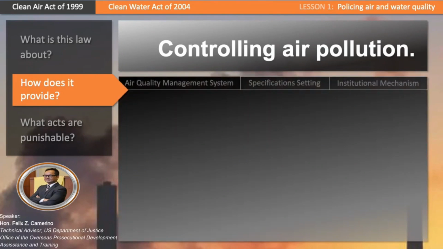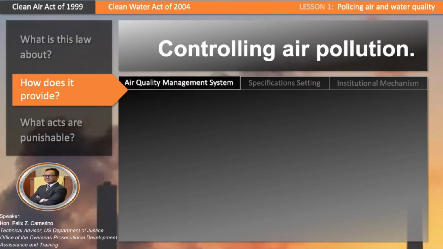The first area is air quality management system, followed by specification setting, or really a standard setting process that involves setting specifications. And then the third one is institutional mechanism. So we're going to talk briefly about each one of them.